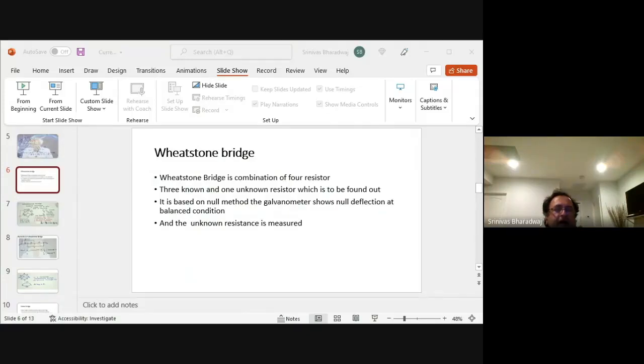And I1 R3 equals I2 Rx. In that circumstance, the voltage between these two points is constant. If I1 R1 equals I2 R2, then the drop in the voltage from this point to this point is equal to the drop in the voltage from this point to this point. Therefore, these two points have the same voltage. Therefore, there is no current.